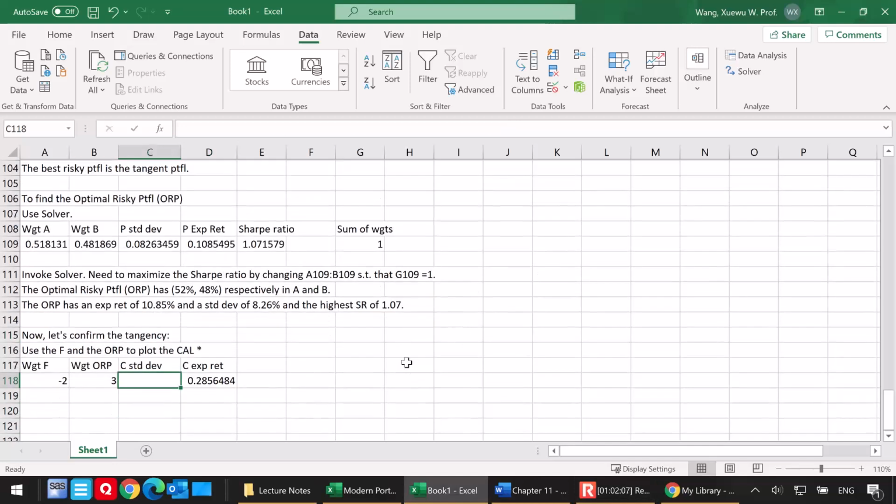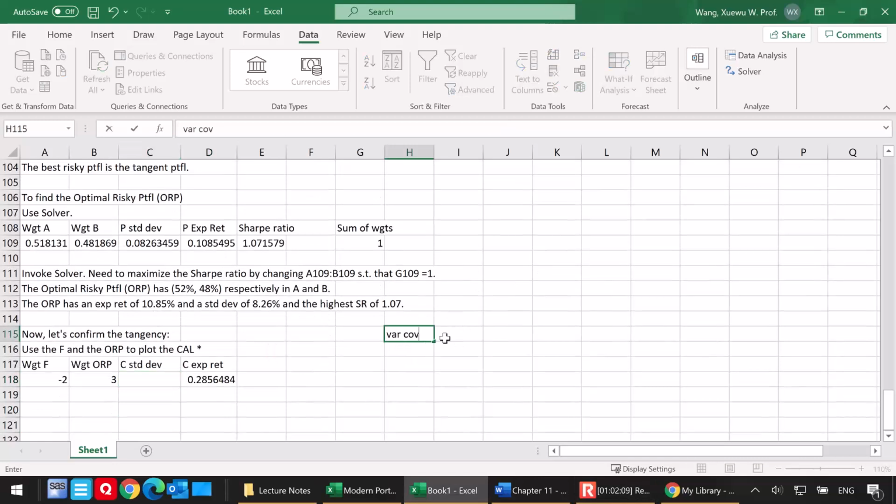All right, so I'm going to actually do the variance covariance matrix using risk-free and ORP here. Okay, so we have risk-free and optimal risky portfolio. So this is 0, 0, 0, and this actually is the optimal risky portfolio variance. So that's the standard deviation squared.